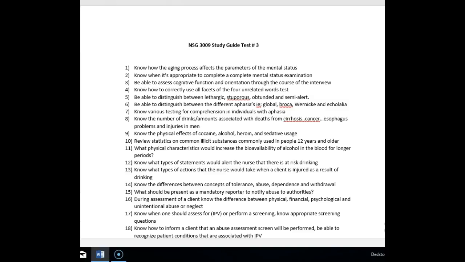A person would have a dilated pupil. They'd have tachycardia or bradycardia, so their heart could be fast or slow. Blood pressure could be elevated or lowered. They'll have sweating, chills, nausea, vomiting, and usually weight loss.